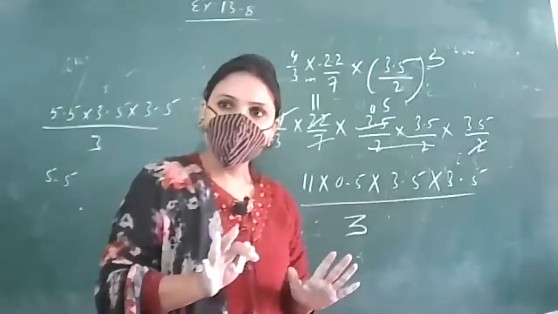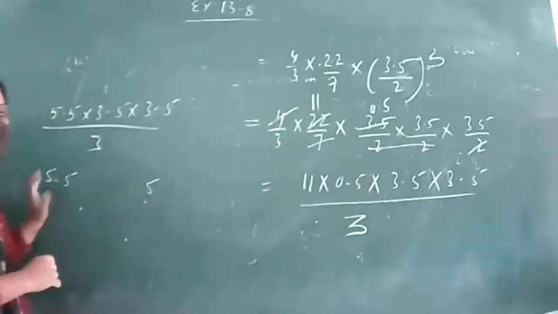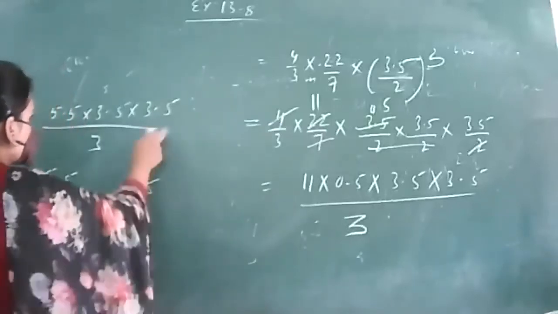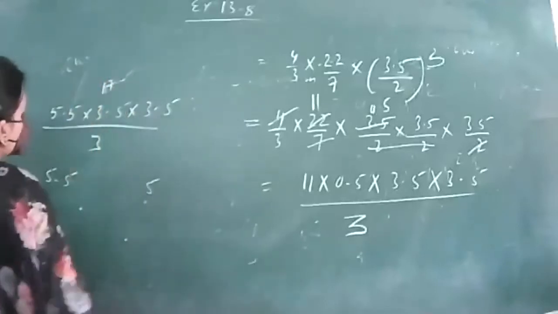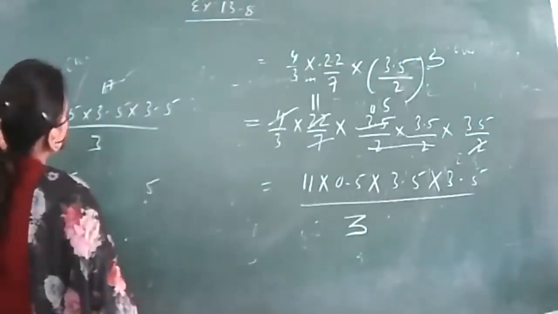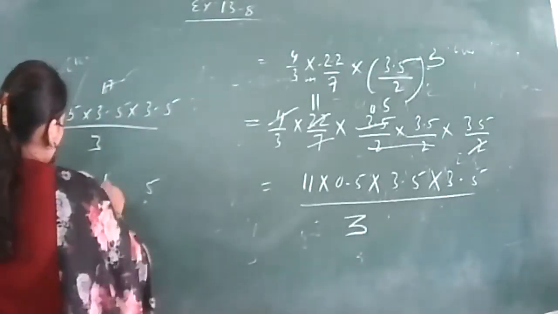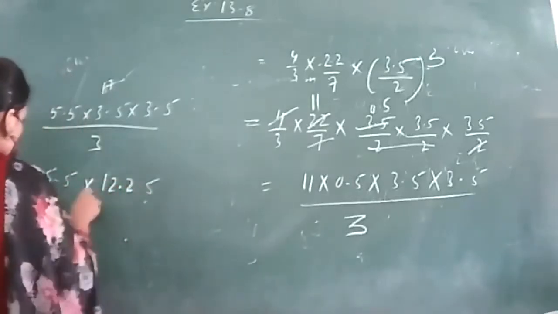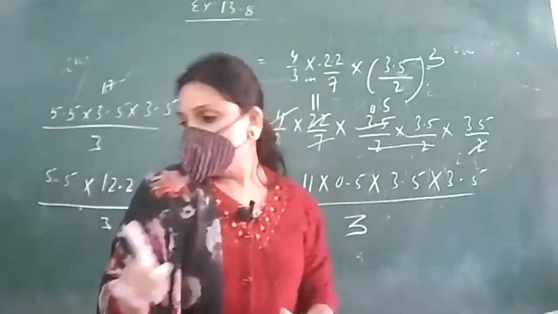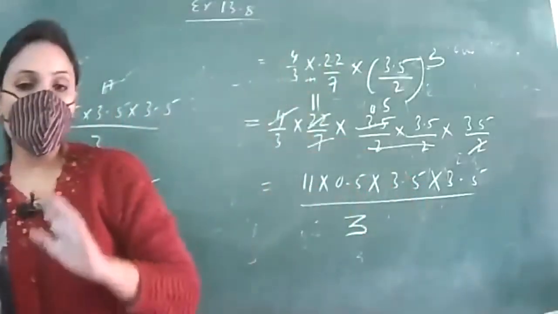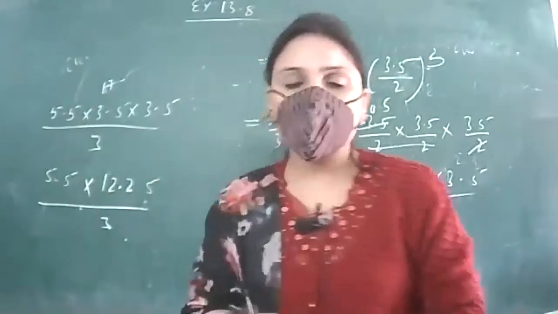So 35 into 35, 35 5s are 175, 35 3s are 105 plus 17, 12.25. Check the calculation side by side. It should be matched, yours and mine.